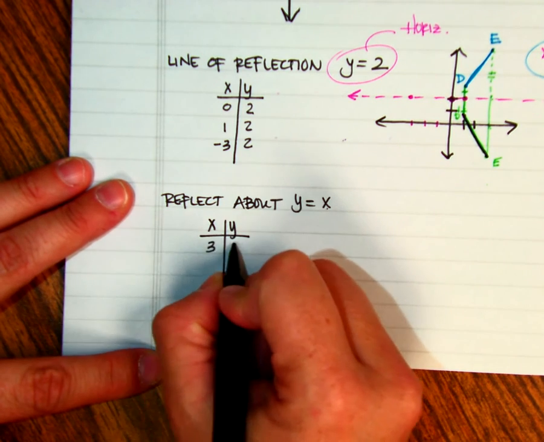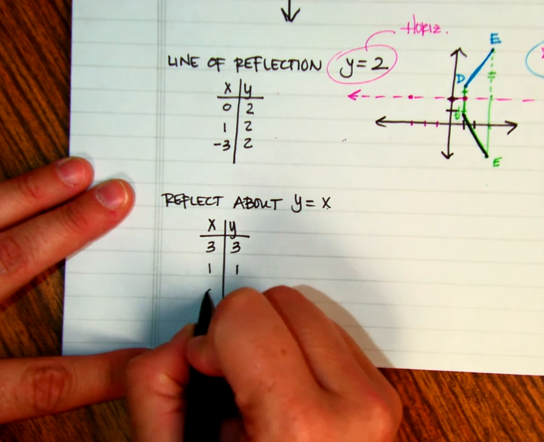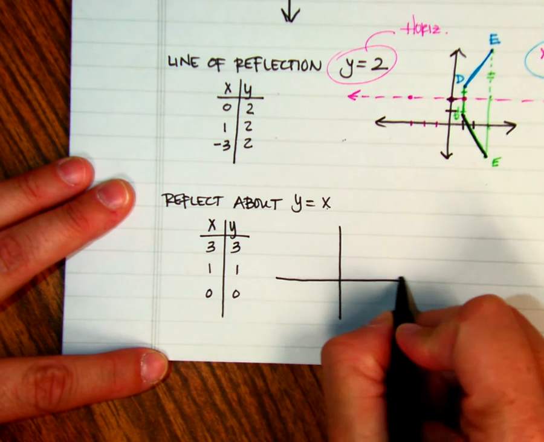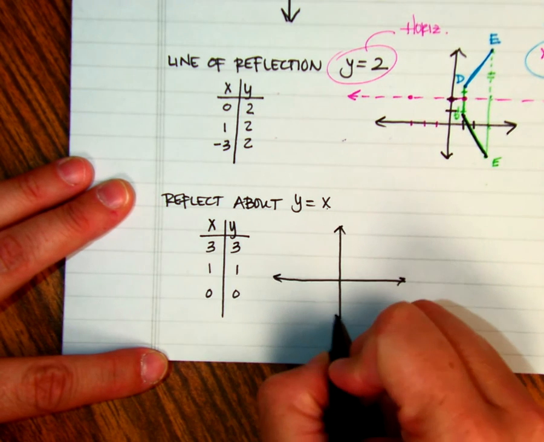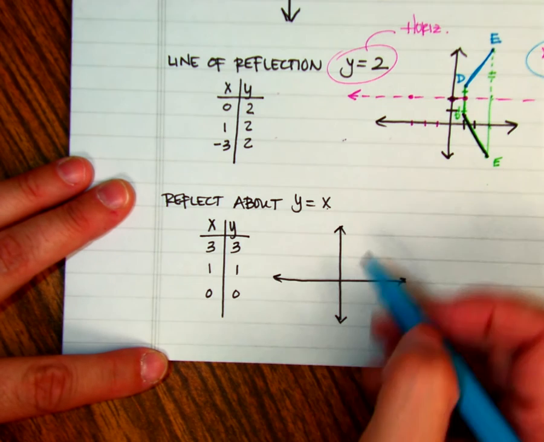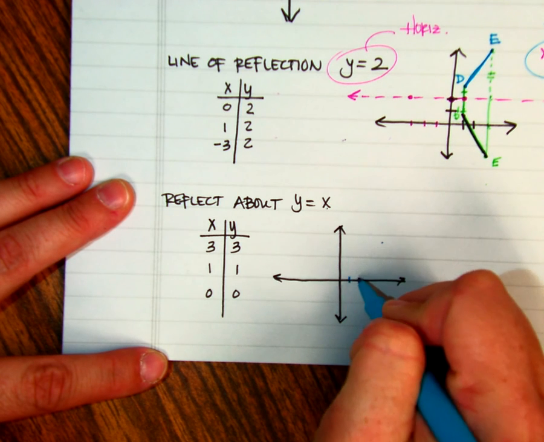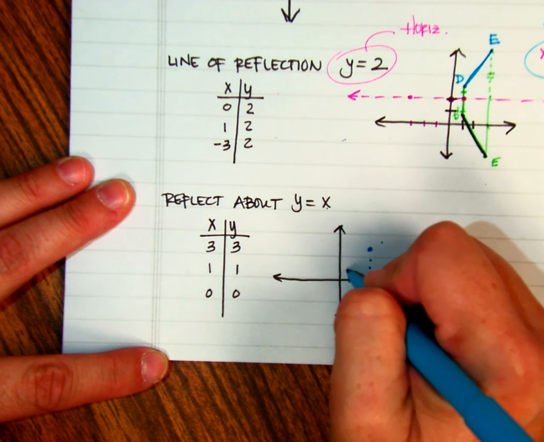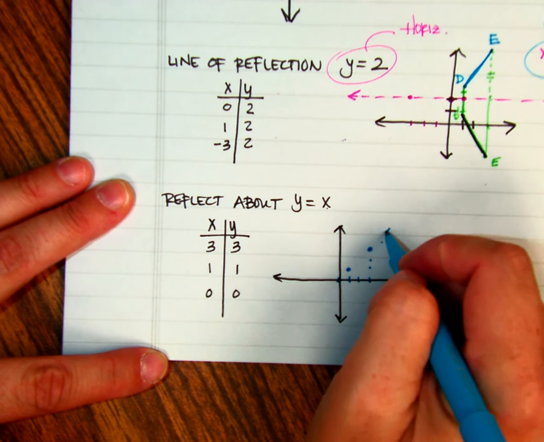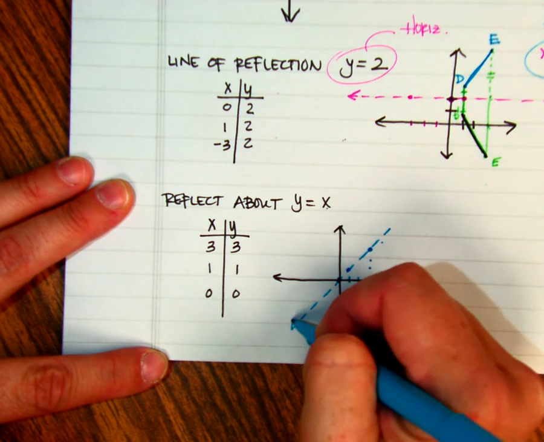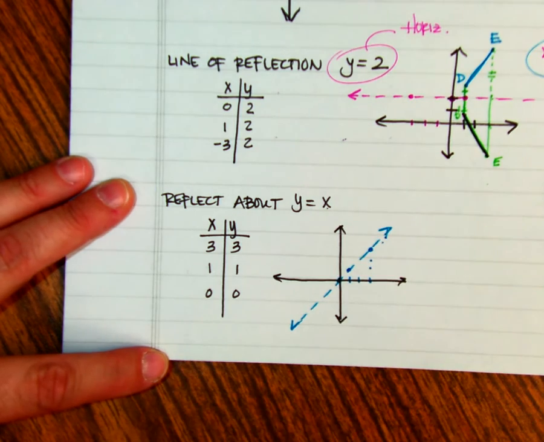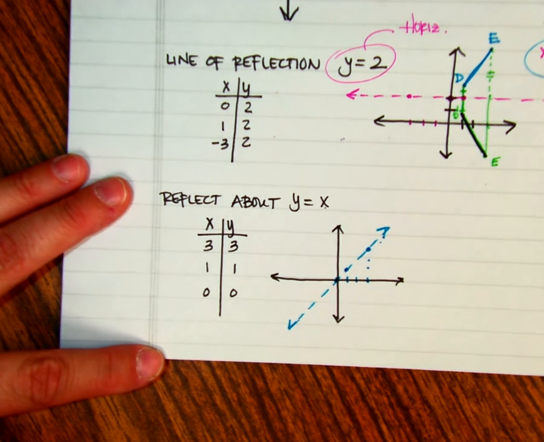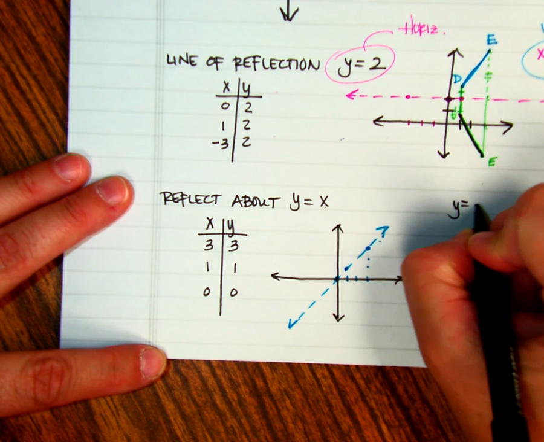So 3, this has to be 3. 1, 1, 0, 0. You're going to find that you're going to have a line of reflection. 3, 3, 1, 1, 0, 0. You are going to have a line of reflection going through the origin at a 45-degree angle.